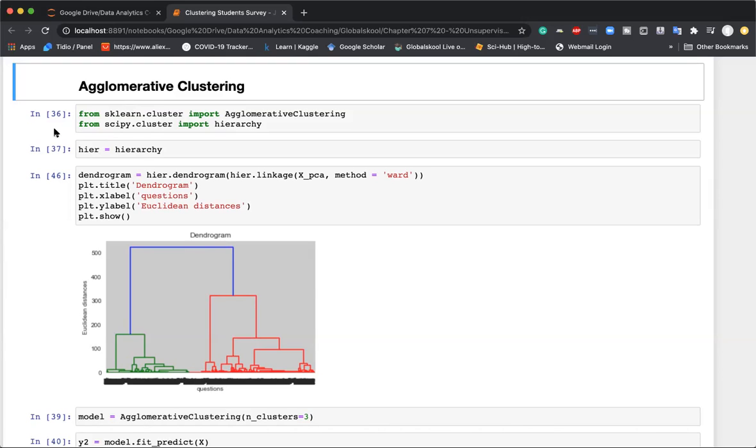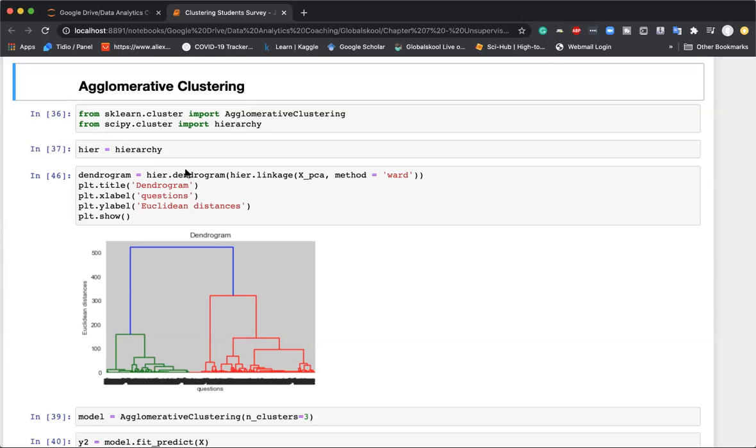So for agglomerative clustering, from sklearn.cluster I take the algorithm called AgglomerativeClustering, and we use scipy. From scipy.cluster we take hierarchy, and this hierarchy will help us plot the dendrogram. We take a copy of hierarchy as hier, and I specify the measure that we'll use for inter-cluster distances.